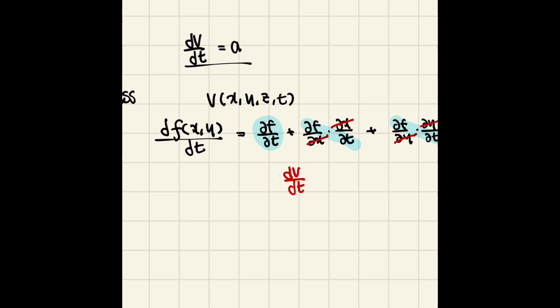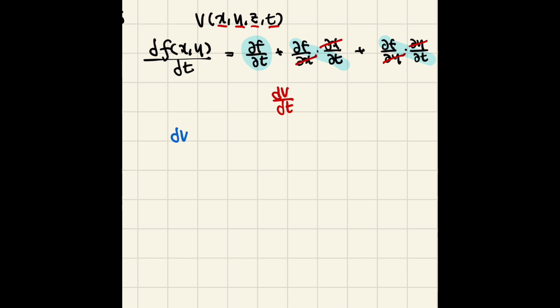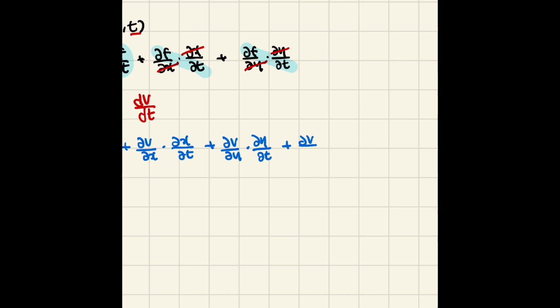So when we take a derivative of this velocity function with x, y, z, and t variables, it will equal partial v partial t plus partial v partial x times partial x partial t plus partial v partial y times partial y partial t, and last but not least, partial v partial z times partial z partial t.